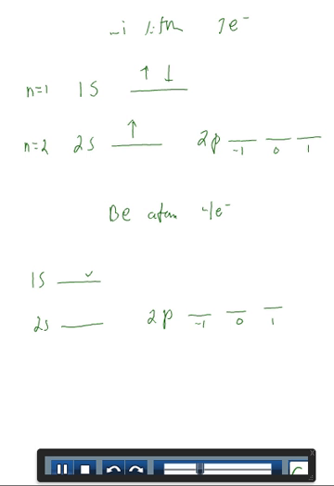And so, starting with the lowest energy first, I'll put 2 electrons in the 1s level, and then I have 2 more electrons, so I could put 1 in the 2s, I could put 1 in the 2p, but the lowest energy found by nature is when I put a 2nd electron in the 2s level.